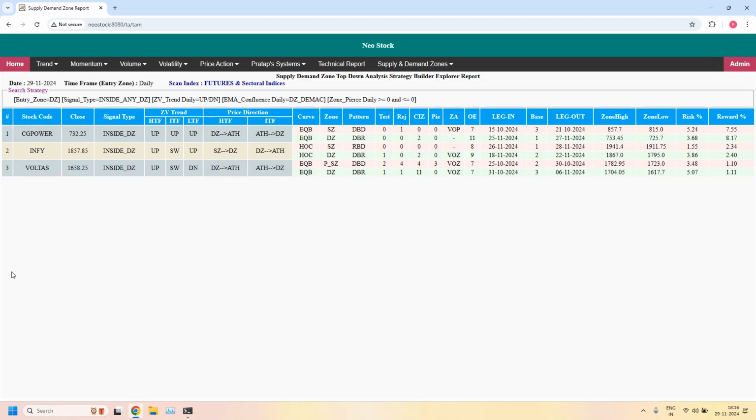Let's filter. We got only 3 stocks. Currently price closed in these 3 daily demand zones, and these daily demand zones are having a daily EMA Confluence. Based on that, you can use these daily zones, either HTF or ITF.